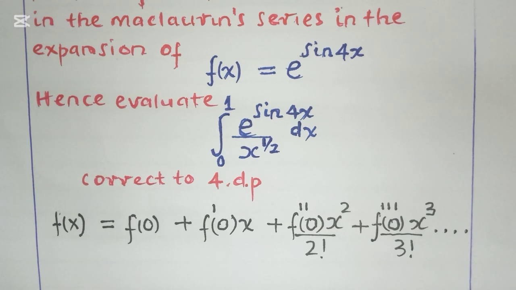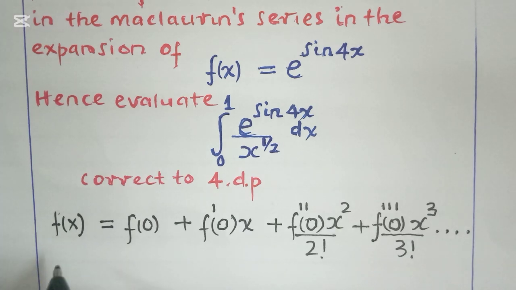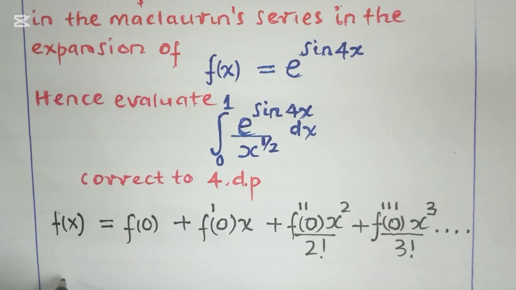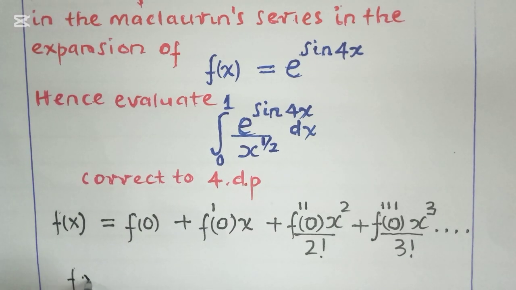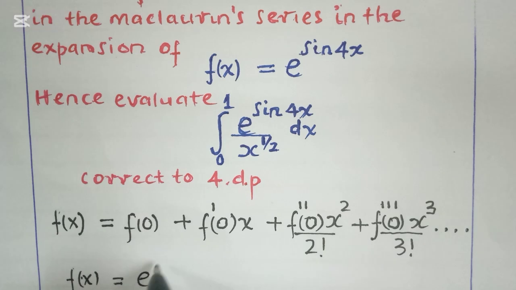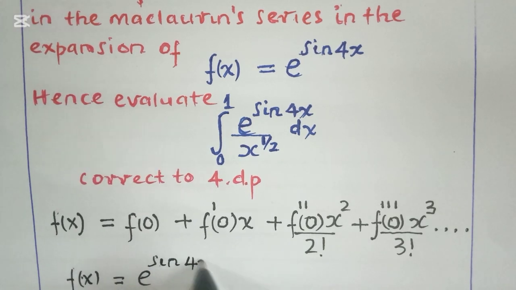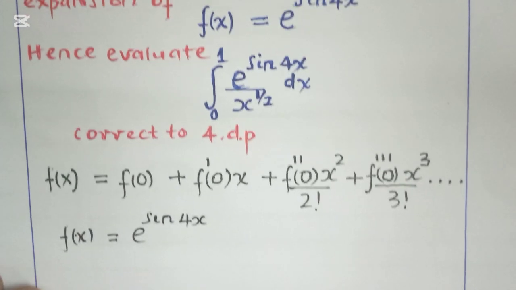So guys, we are asked to find the first three non-zero terms. And so from there, we are now going to carry out our derivatives. So the first thing we shall write is the f(x) itself. f(x) is e raised to sine 4x, like that.